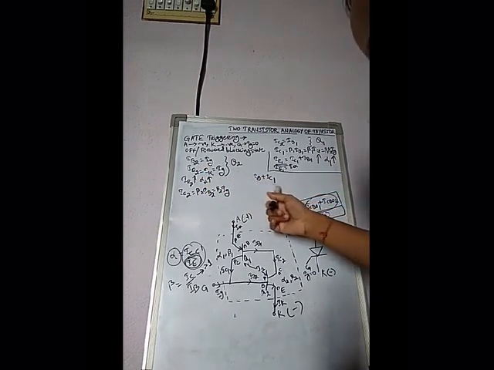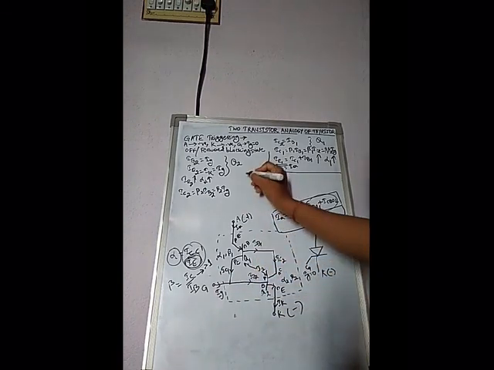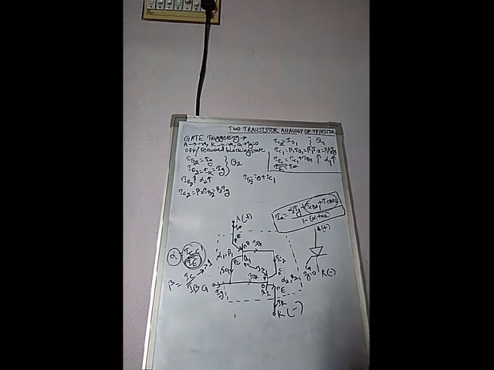This total part acts as IB2. So I can write IB2 is equal to this much. The current Ig plus IC1 acts as base current for transistor Q2. What is IC1? That is beta 1 beta 2 Ig. So take Ig common, that means Ig into 1 plus beta 1 beta 2.